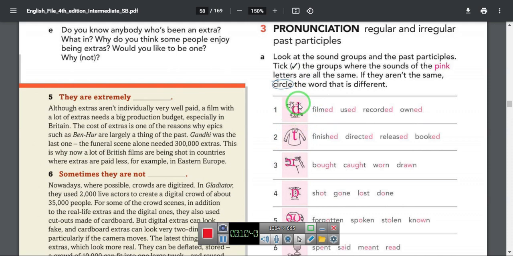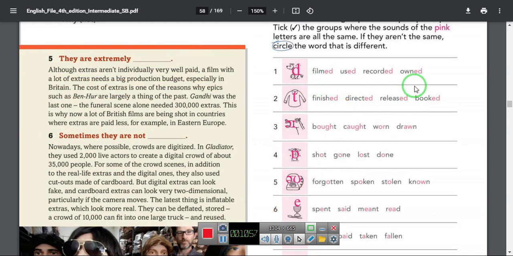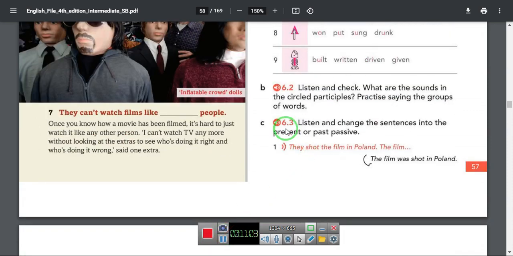Посмотрите на картинки, и звук, который здесь вы услышите, он розовым, да, обозначен. Если вы услышите этот звук, то нужно галочку поставить. Если вы услышите другой звук, нужно это слово обвести. Please read and be ready to answer. Сделайте и будьте готовы ответить. This part, 6.3, will be done during our Zoom meeting.